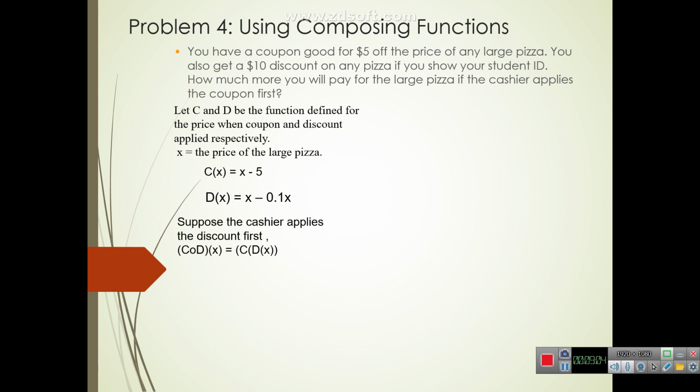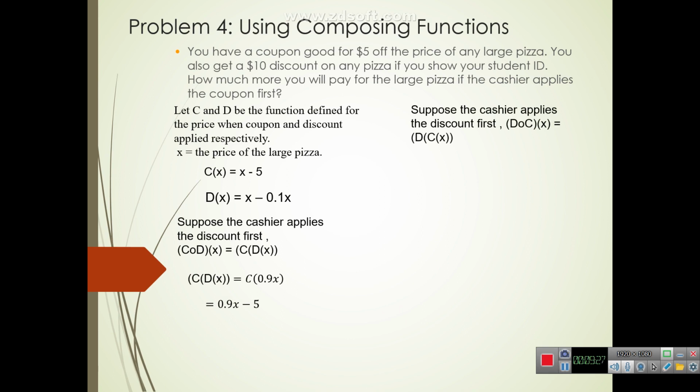That means it will be c of d of x. C of d of x will be, let's substitute d of x by 0.9x. Then 0.9x will be an input value for c of x. We will get 0.9x minus 5. This is when the cashier applies the discount first.